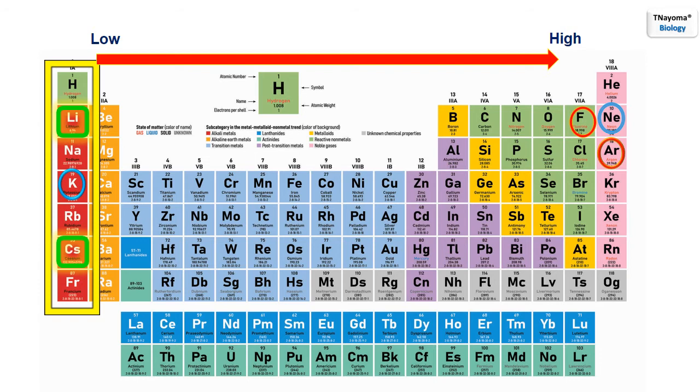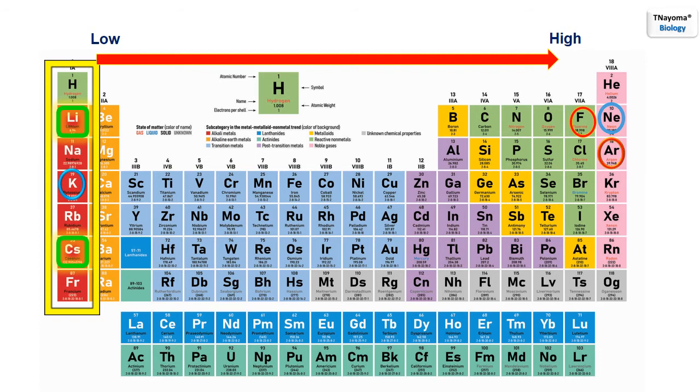So cesium tends to give its electron away even more than lithium does. That means cesium gives up its outermost electron more easily than lithium.